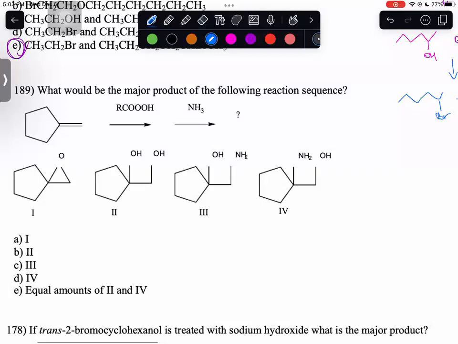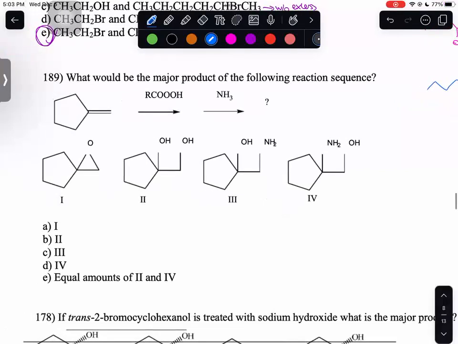This question. What's the product? So it is a peroxy acid. If you have a peroxy acid with a double bond, what do you create?